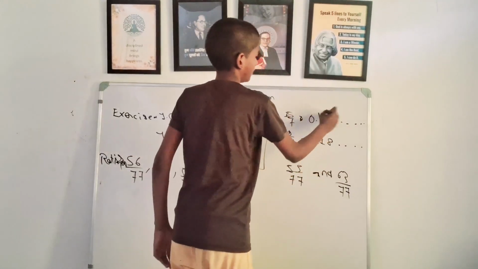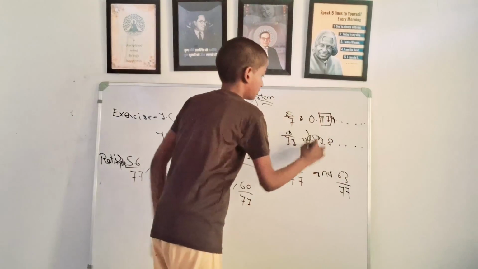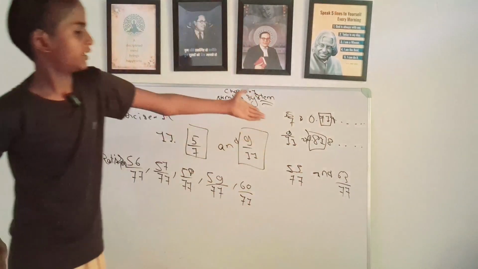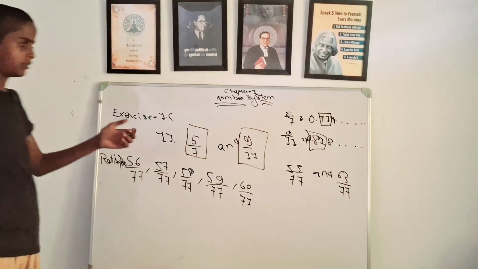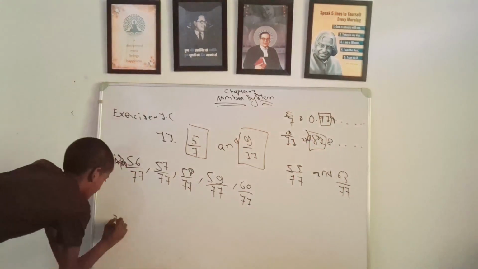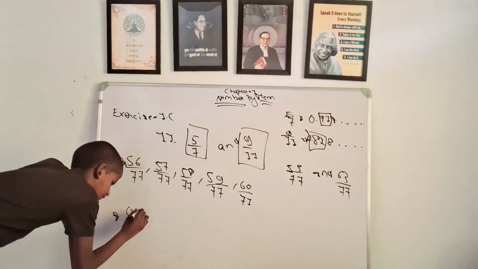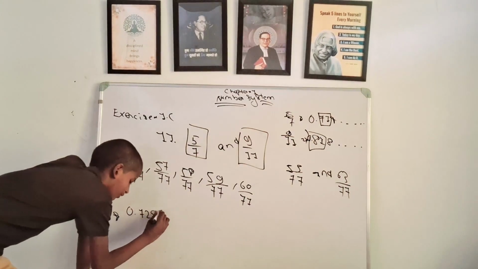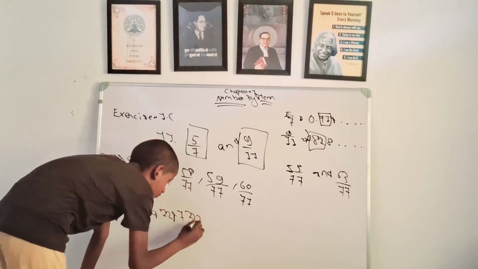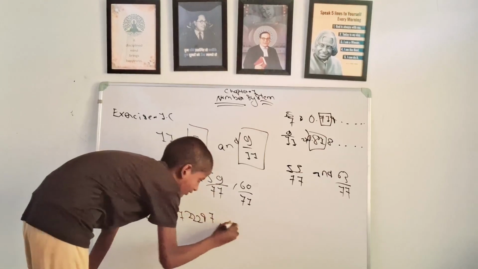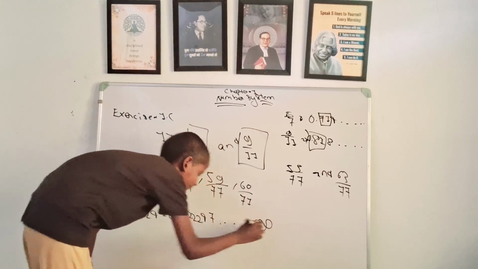We can choose 0.71 and 0.81. There are infinitely many irrational numbers lying between them. So the first is 0.724, 0.7224, 0.72247, dot dot dot, infinite.